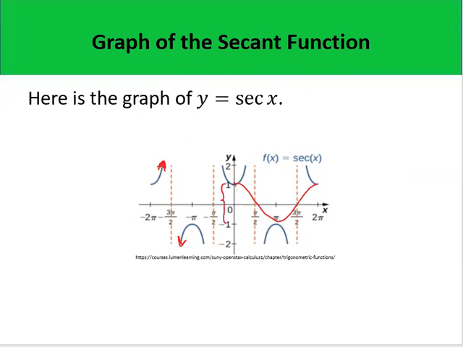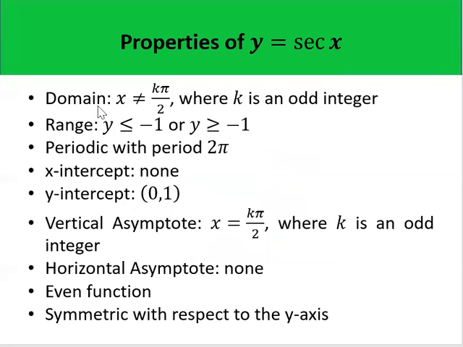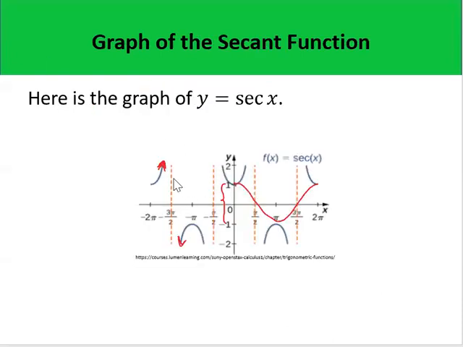So for the domain of the secant function, the domain is the set of all x values that are not equal to k pi over 2, because k pi over 2 serves as the vertical asymptote of the secant function. And then its range is the set of all y values except the interval between -1 and 1.